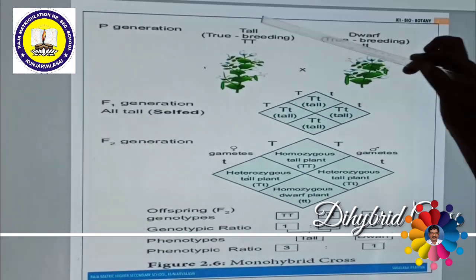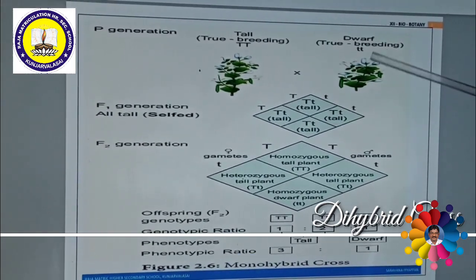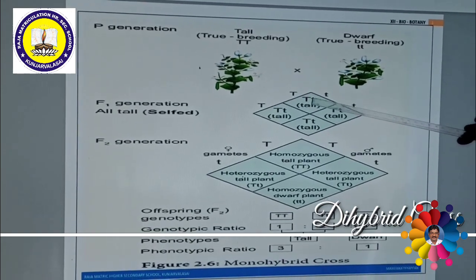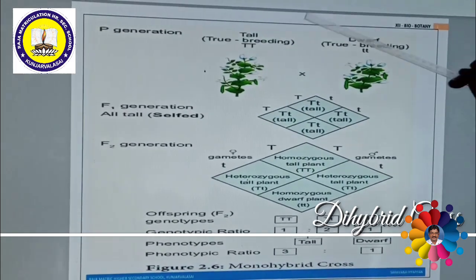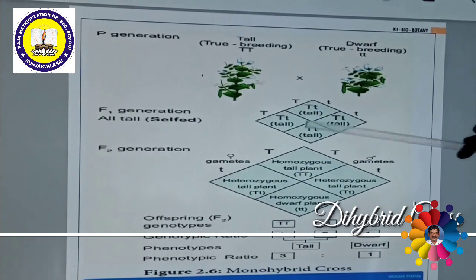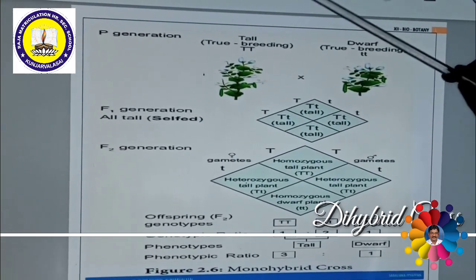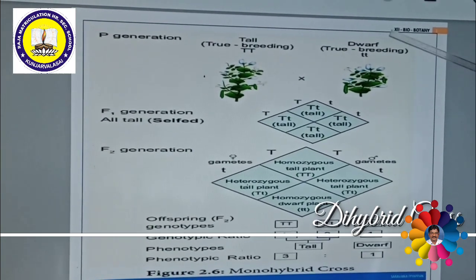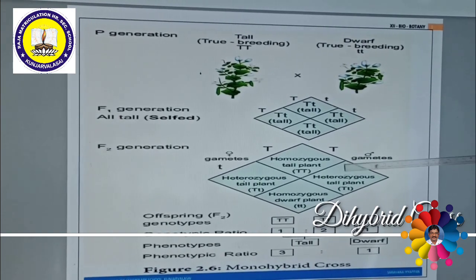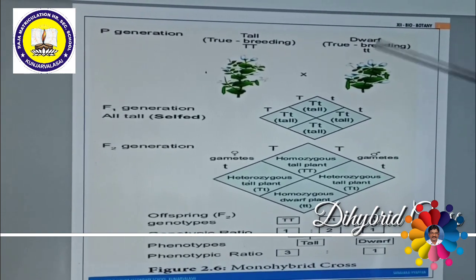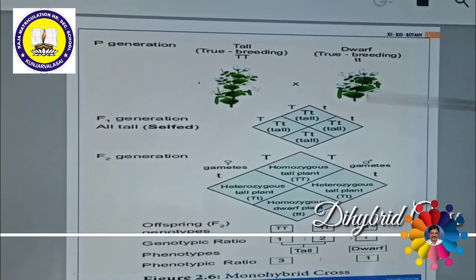That means tall is a dominant character. Even though it is heterozygous in nature, the dominance of tallness is visible in the F1 generation. That is why tall is a dominant character and dwarf is a recessive character, because it is not appeared. But in the F2 generation, it reappears.